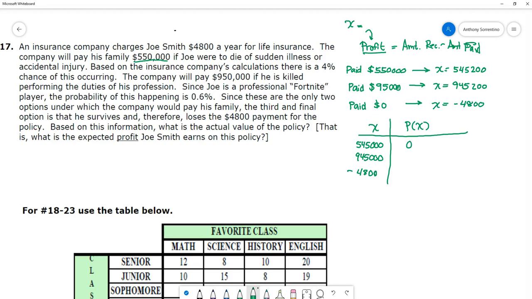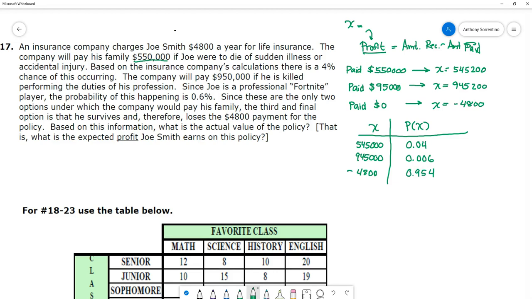So this is 0.04. The probability of him dying while performing the duties of his profession is 0.6%, which comes out to be 0.006 written as a decimal. And therefore, the only other outcome, these all have to add up to 1. So for that to happen, this has to be 0.954. So that's my probability distribution.